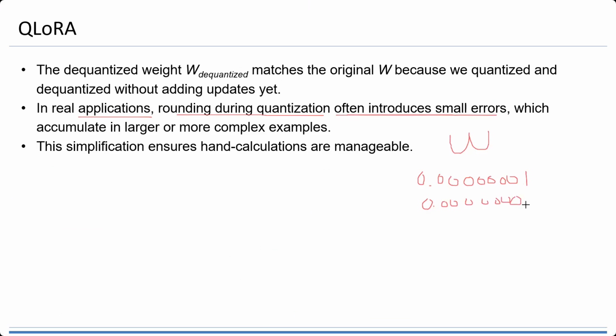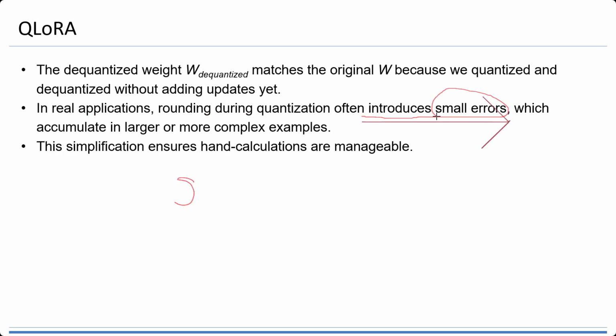There will be very small values in the weights. And because of the S, the scaling, there might be small errors. These small errors will accumulate in larger or more complex examples.